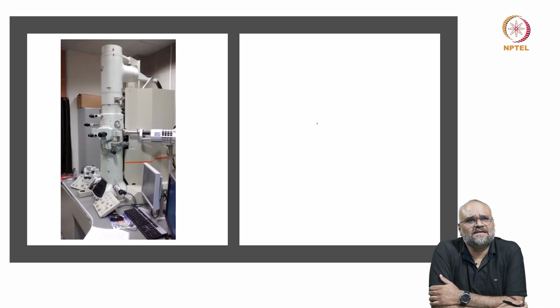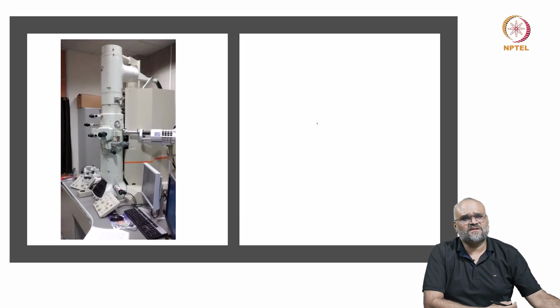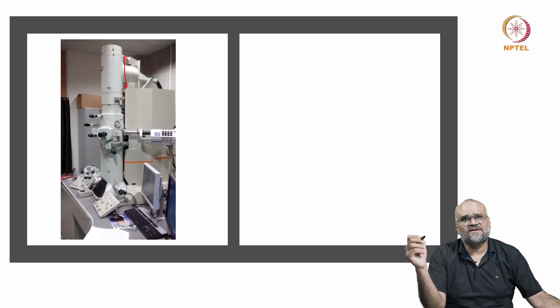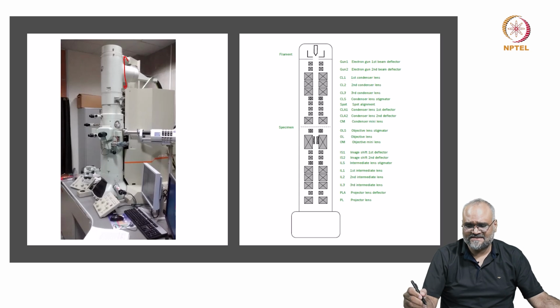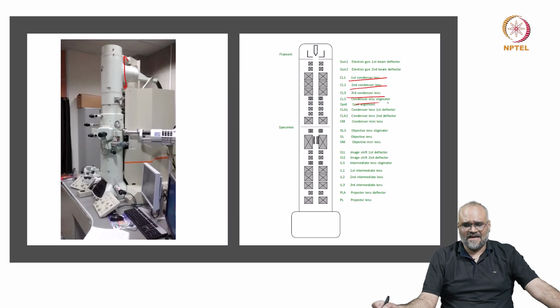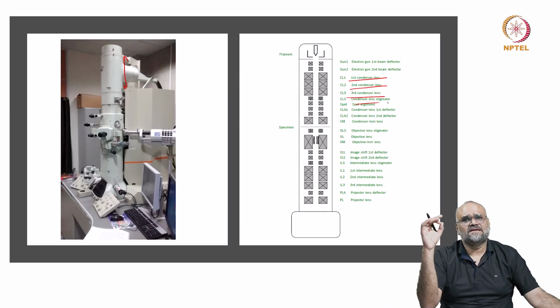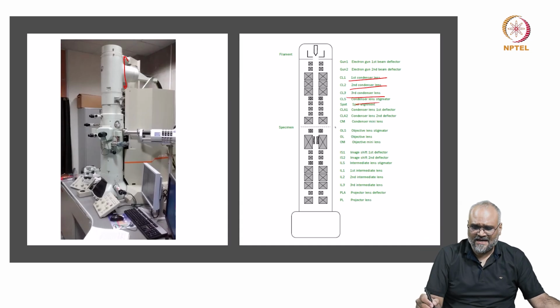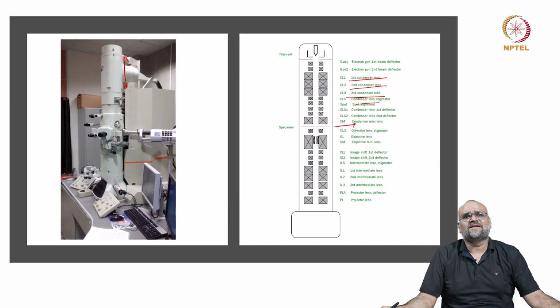If you look at the microscope column again, the intention of doing the alignments within a microscope when you load a specimen is that you start by looking at how the source is. If I look at the ray diagram, I will start by tuning the condenser lens currents, and I can tune the condenser stigmatism, and then I have to first bring the specimen to the right height.